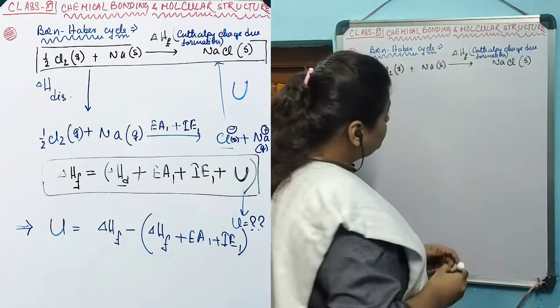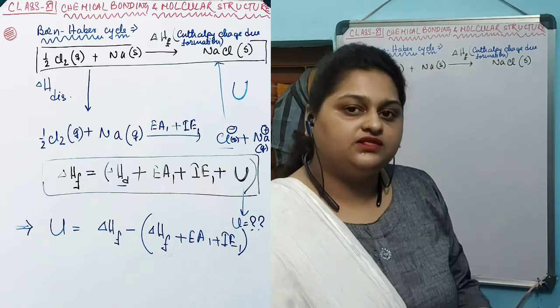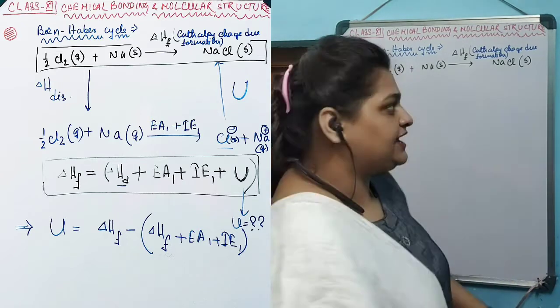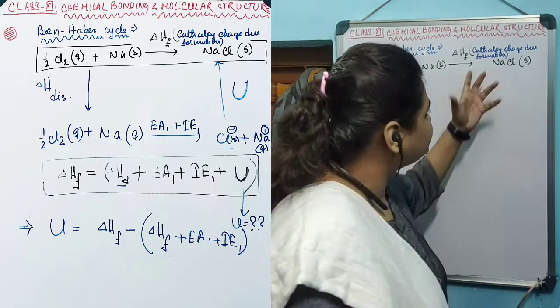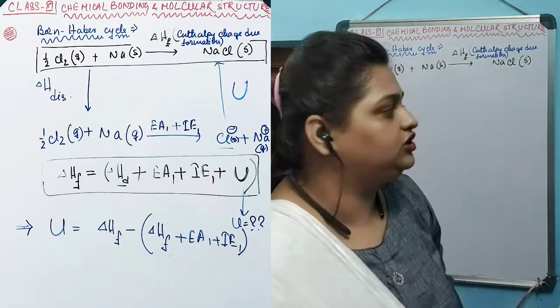This delta H, or enthalpy change, is the measurement of the energy associated with this chemical reaction to produce this crystalline form of sodium salt.